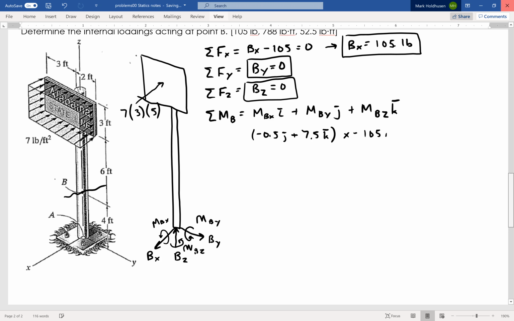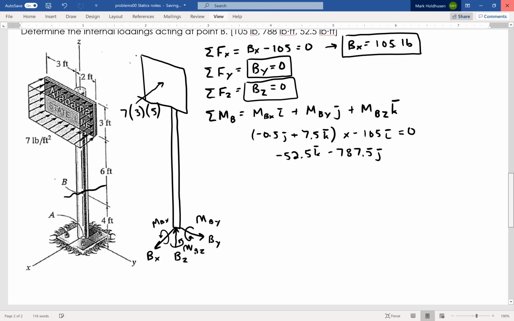Again, it's just R cross F from B up to the center of that sign times that force in the negative x direction. Doing the cross product on that, I get negative 52.5 k and negative 787.5 in the j.